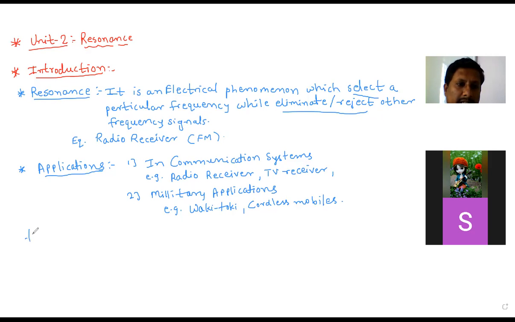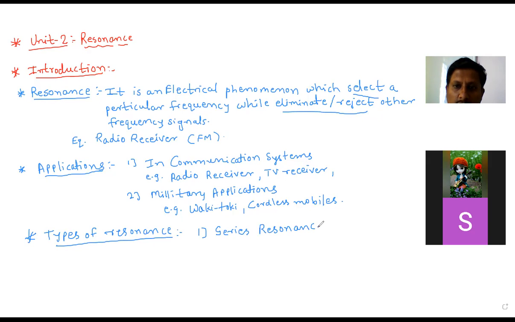So next one will be types of resonance. There are two types. One is series resonance. Series resonance means what? Inductor, capacitor, and resistor, R, L, and C, connected in series.